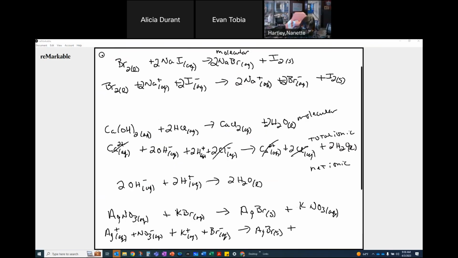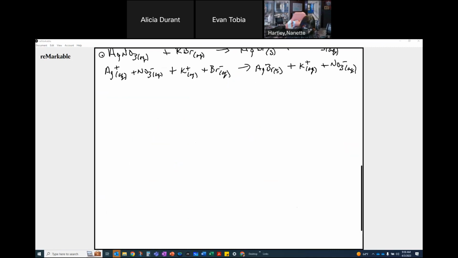I have potassium at +1 and NO3 at -1. And then when I look at it, my NO3 did not change. Correct. My potassium did not change. Correct.